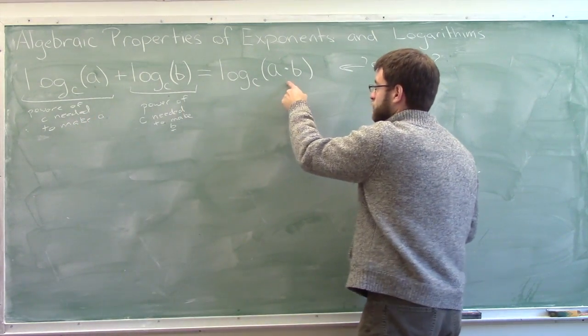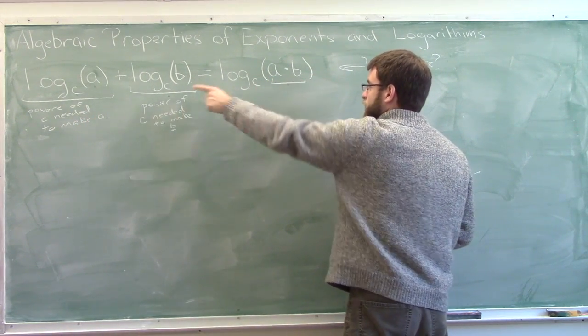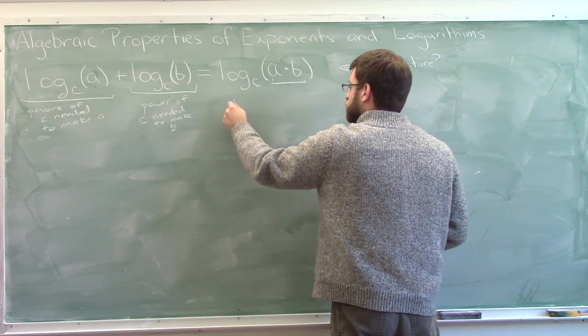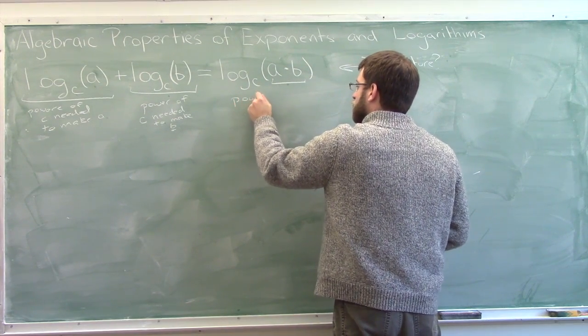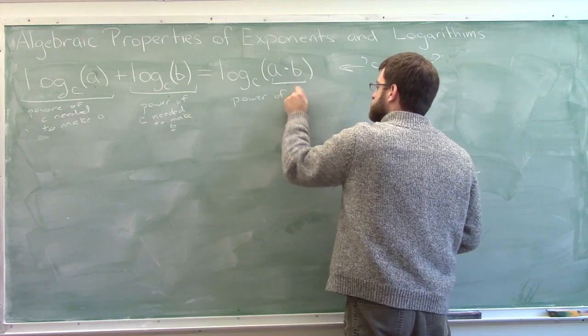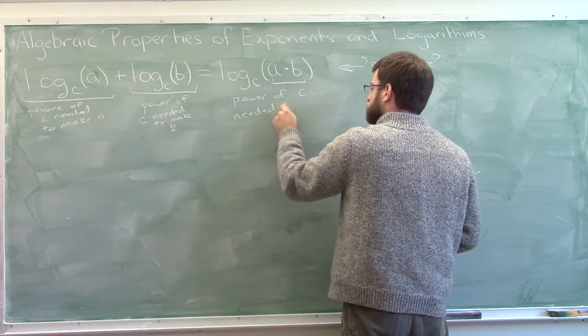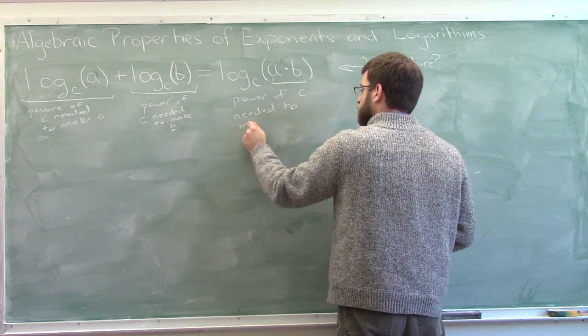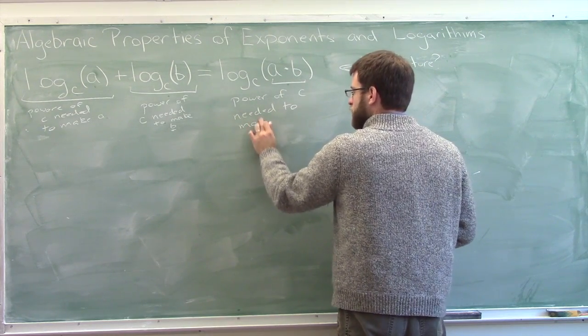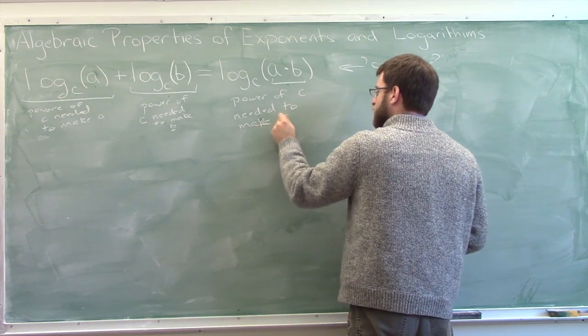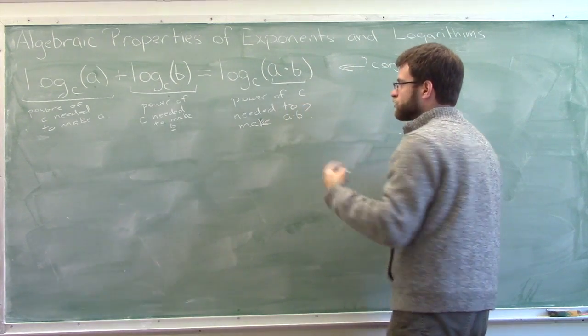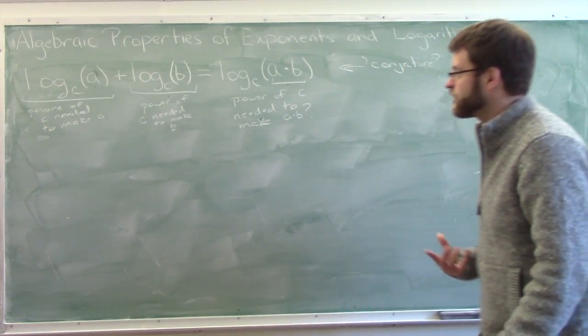And this is our conjecture. We think that adding those things together might be equal to the power of c needed to make a times b. So should these things be connected in this way? Let's double check.